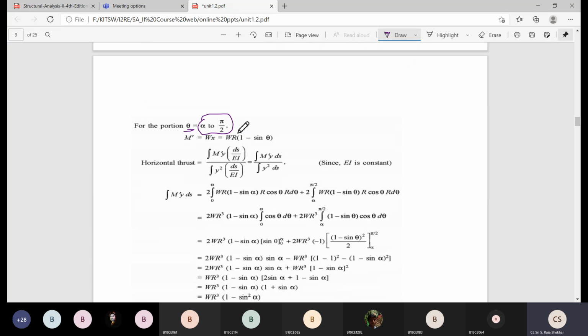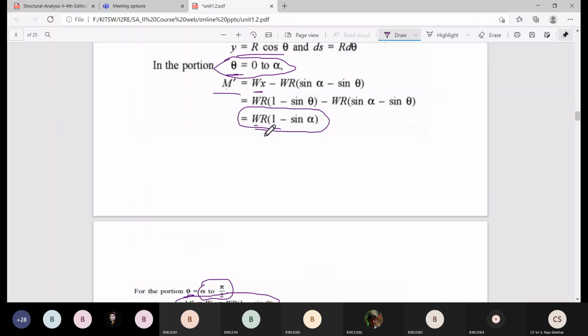So for this alpha to 90 degrees range, M dash is equal to W into x. W is capital W itself, and x is equal to R into 1 minus sin theta. Here also W into R into 1 minus sin theta. We can write directly, no need to write all these things.